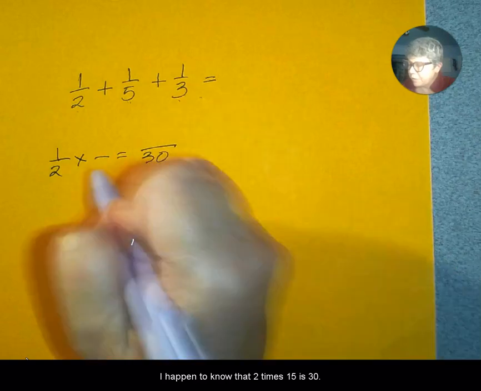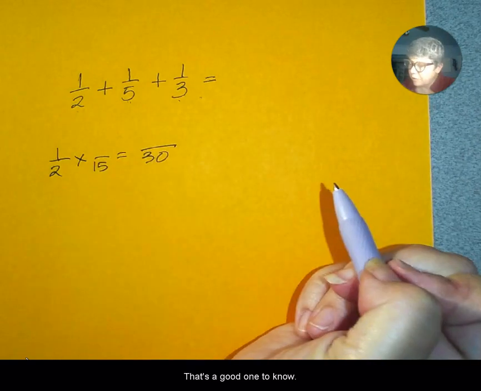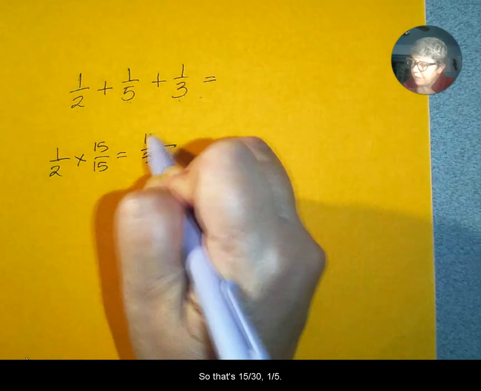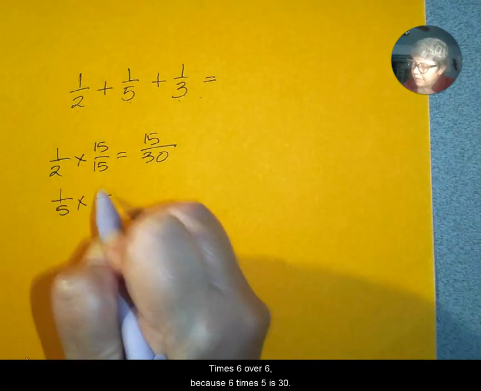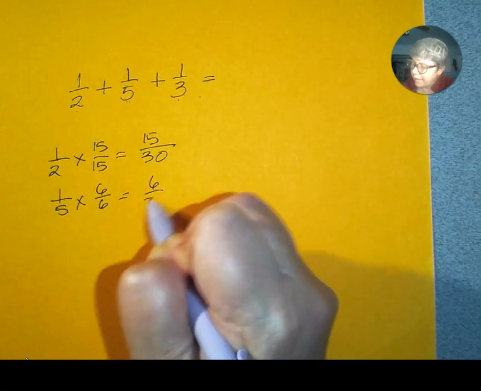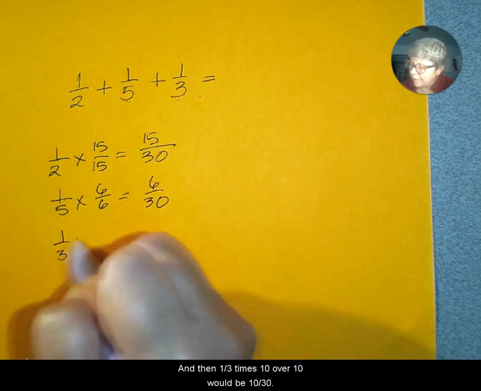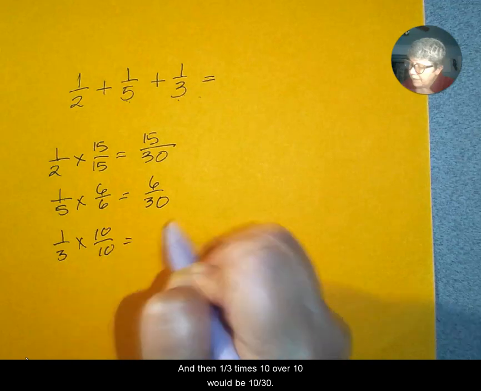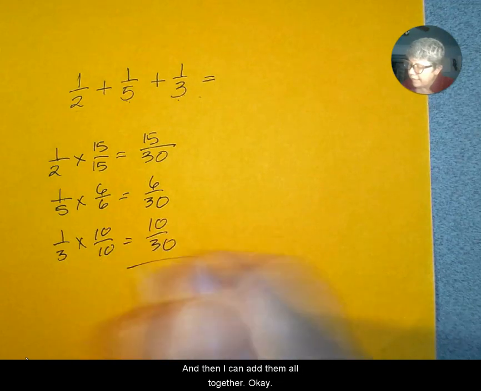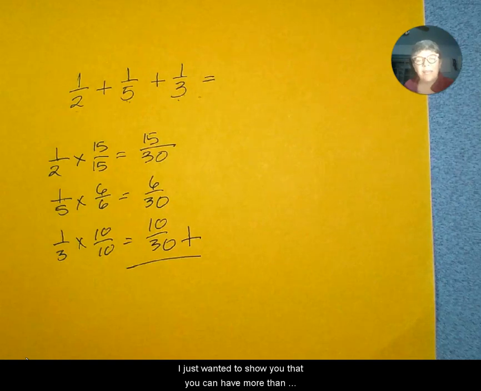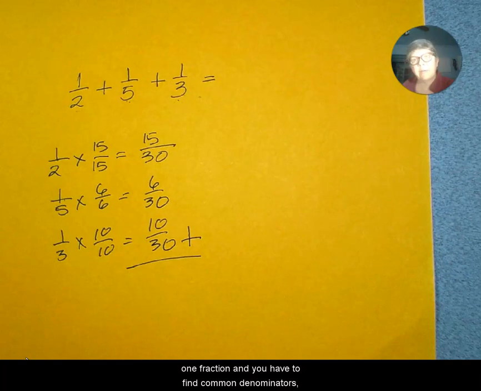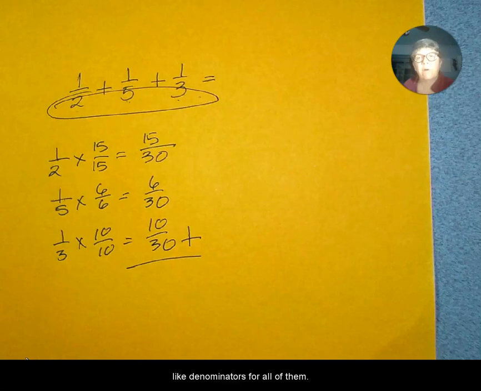I happen to know that 2 times 15 is 30. That's a good one to know. So that's 15/30. 1/5 times 6 over 6, because 6 times 5 is 30. And then 1/3 times 10 over 10 would be 10/30. And then I can add them all together, okay? I just wanted to show you that you can have more than one fraction, and you have to find common denominators for all of them.